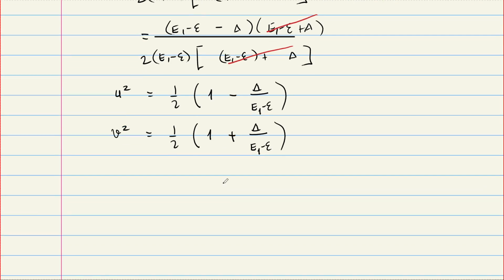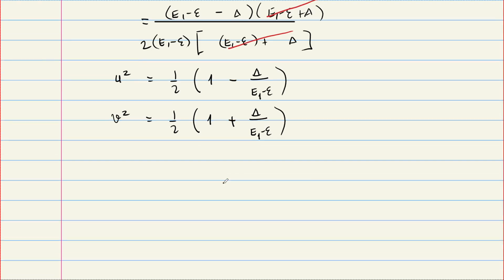So what I want to do now is, I actually have a more complicated form, but I want to simplify it. Suppose, to make equations nicer, choose uppercase delta equal to 0. This corresponds to the example in Griffiths, example 3.8, I think.